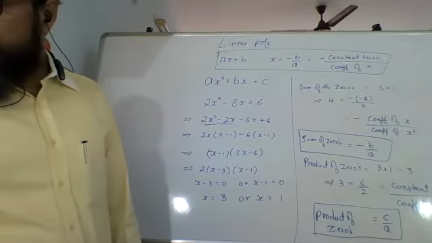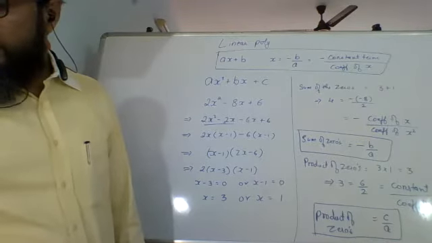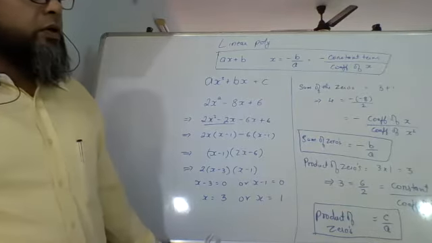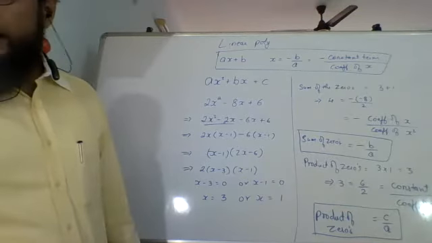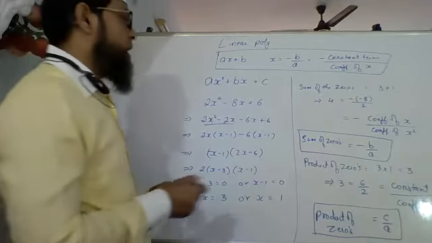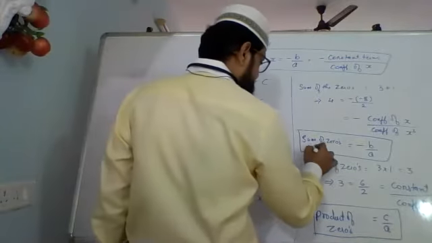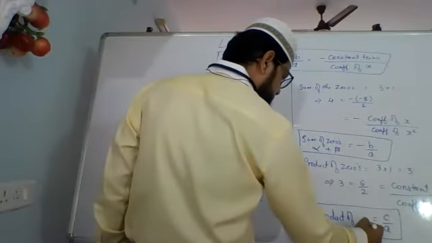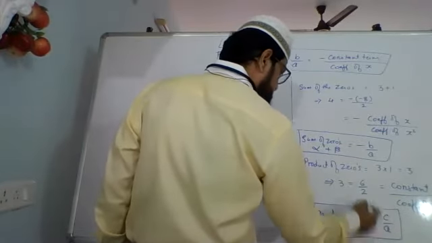In case of cubic, they will also include gamma, as there will be 3 zeros. Here there are 2 zeros, so we'll call them alpha and beta. So here we'll say alpha plus beta, and here alpha into beta.